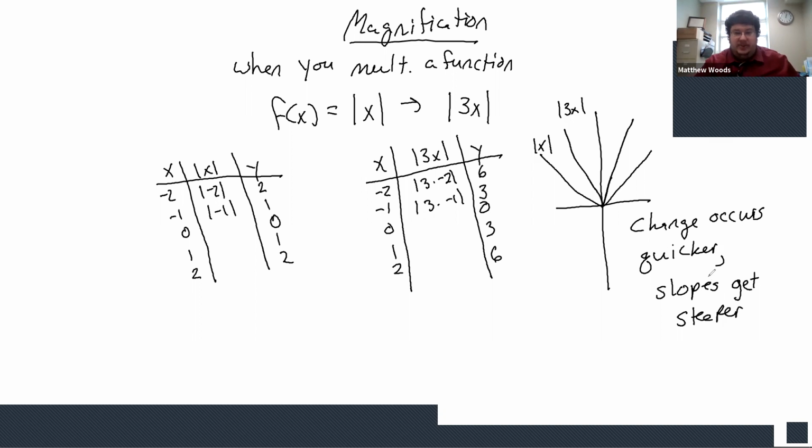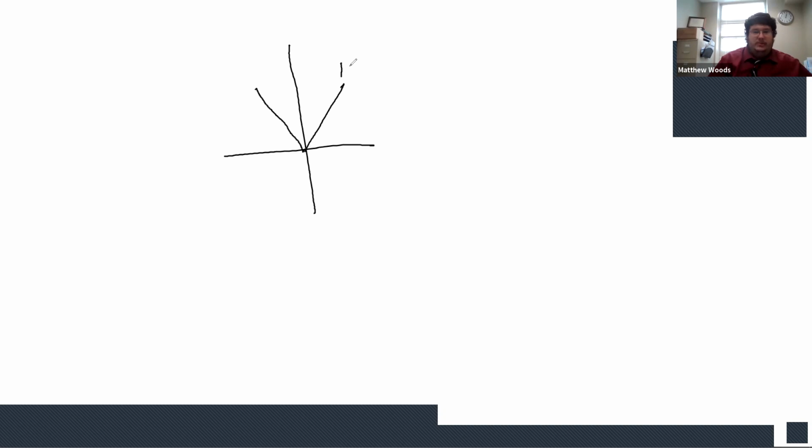Now, of course, the opposite is true if you divide. So if you have, there's your absolute value of x. This would be the absolute value of x over 3. Because now the change occurs slower.